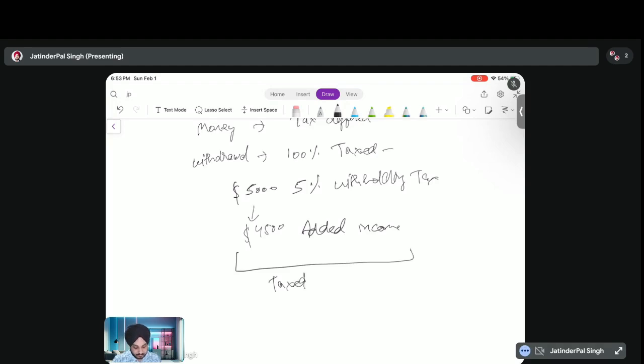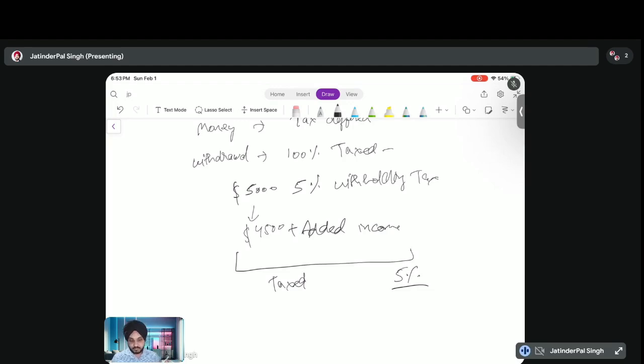And this 5% withholding tax will be used at that time. That means you already paid tax on it when you withdrew that money, and this 5% will be counted toward your tax.